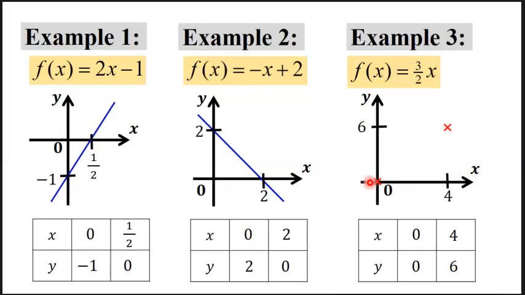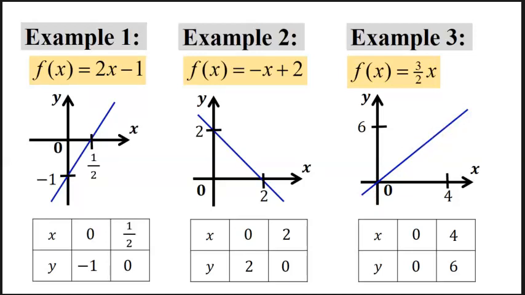Now with reference to these 2 points, I join them with a straight line. I have done the graph. But take note, since this point, (4, 6), is not an important point that we should show in the graph, we must erase it once we have done the graph sketching. And there goes the answer for our example 3.